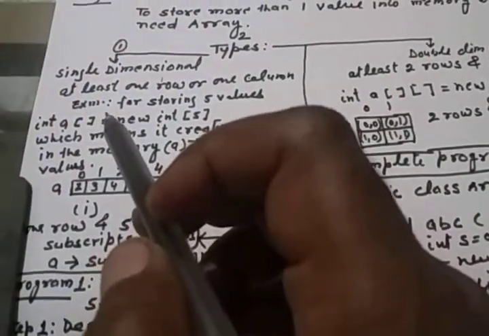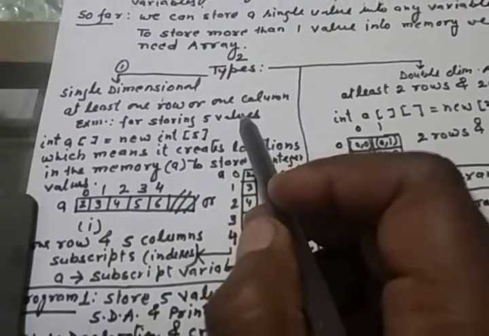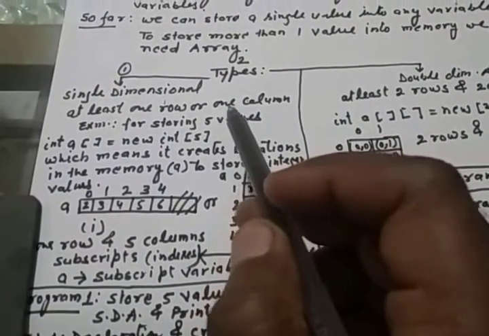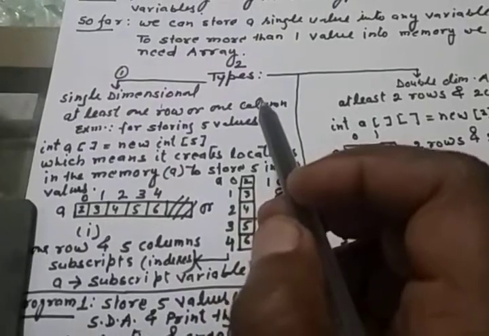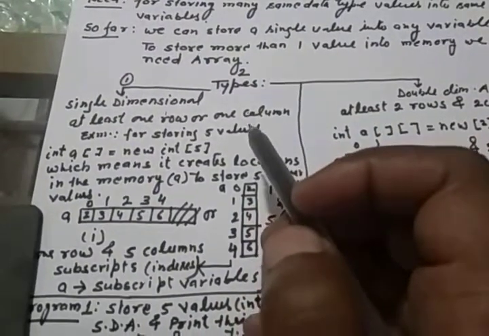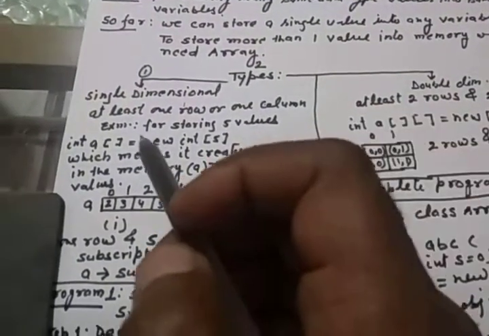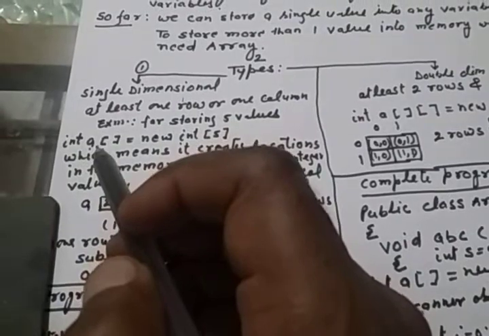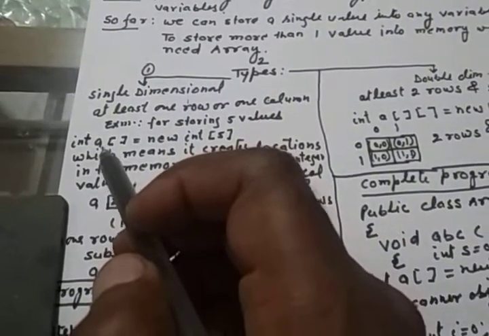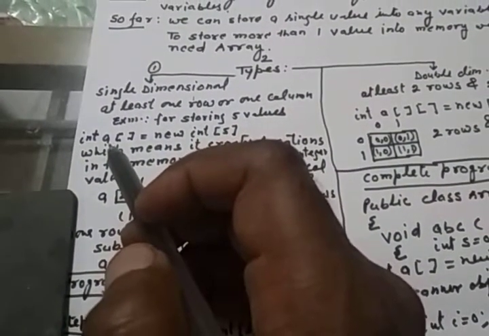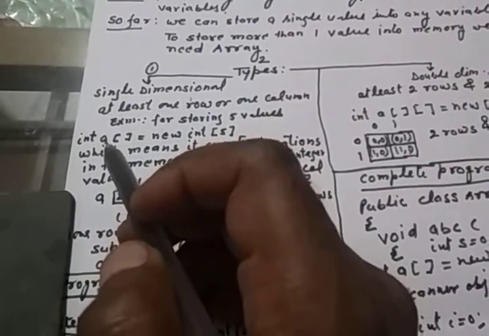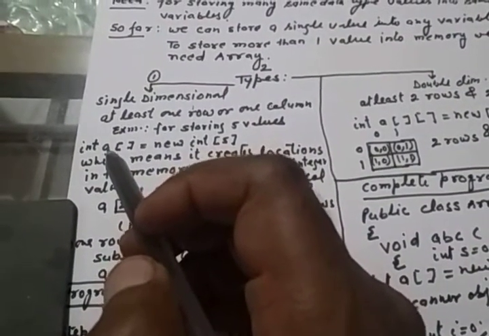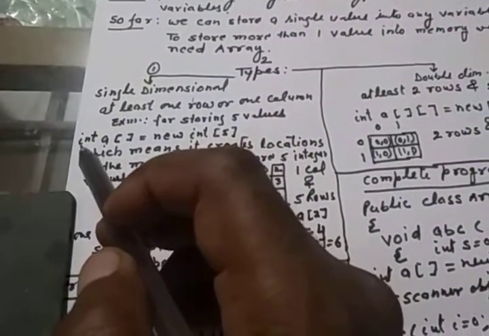Okay. For example, suppose we want to store 5 values in an array. Which statement do we have to write? Suppose we want to store 5 integer values into memory variable A, or we can say in an array A. So what do we have to write?